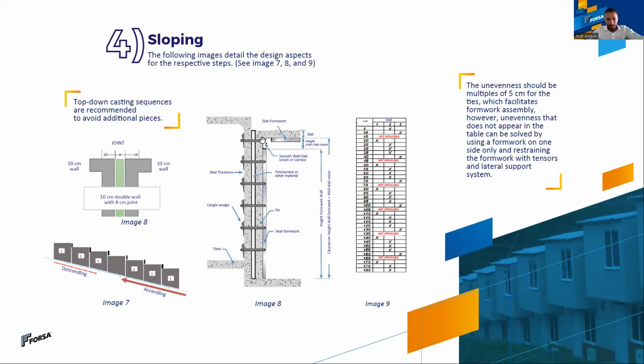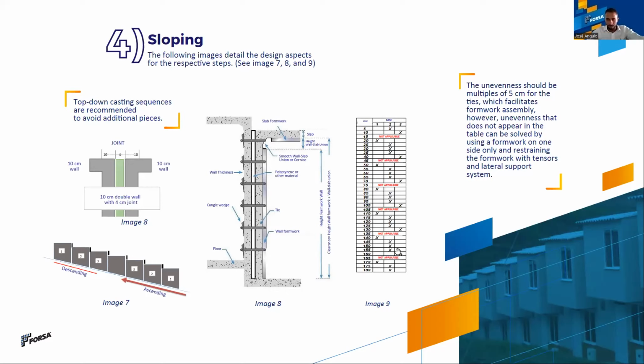But these ties, we name them double wall ties, and they make your life a little bit easier. Of course, we're going to have to put something between the concrete in order to keep them in place.